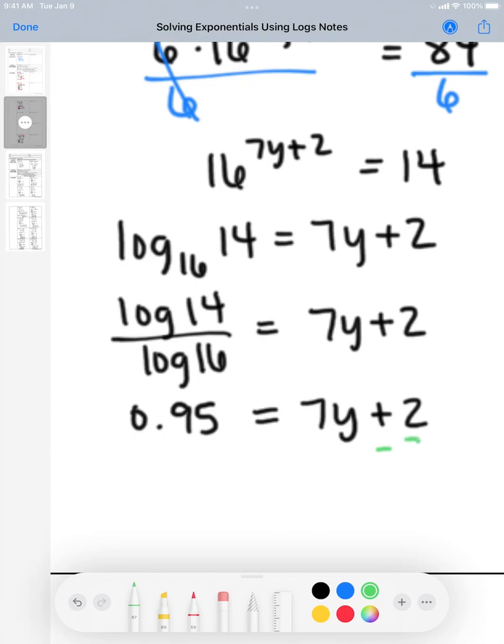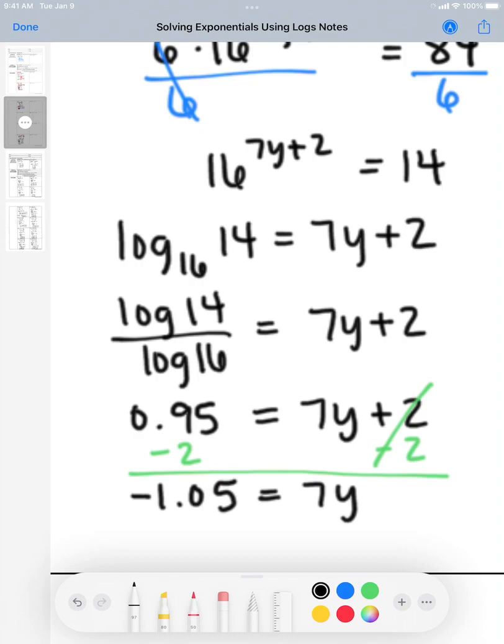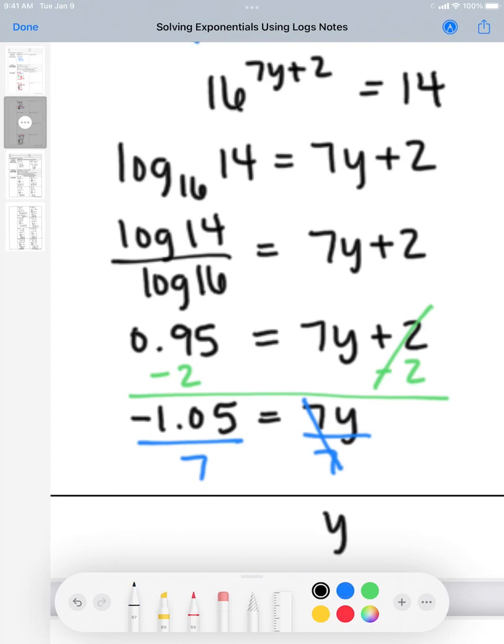Remember, add or subtract first. So that's going to give me negative 1.05, is equal to 7y, and then we can divide last. So I'm going to say my possible solution is negative 0.149, rounded, negative 0.15.